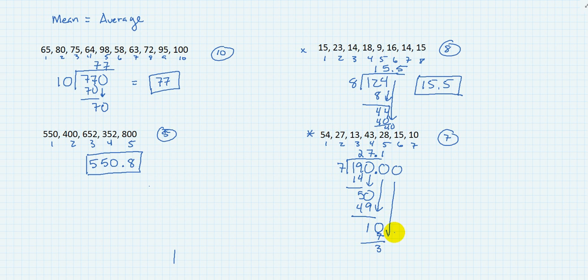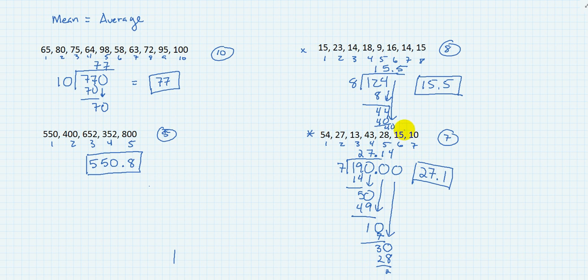The only reason why I'm doing this is to see if I'm going to round. 7 goes into 30 4 times. 4 times 7 is 28 with 2 left over. And I'm going to stop there. I'm going to go ahead and round this to 27.1. So there's my average for these sets of numbers.